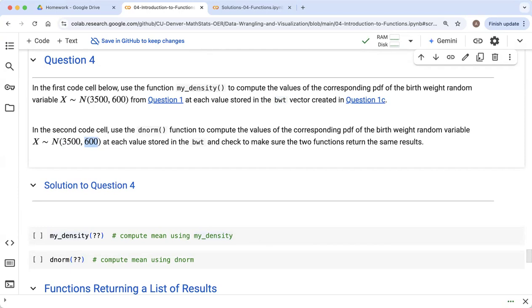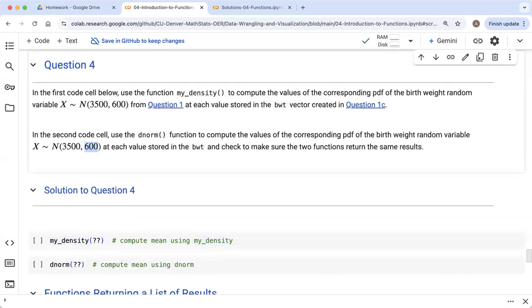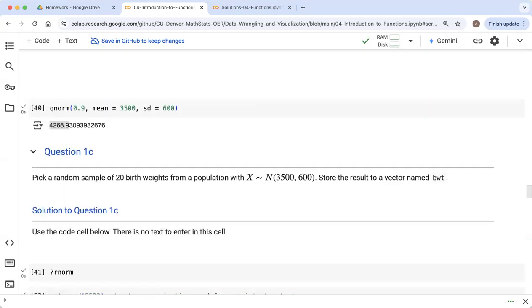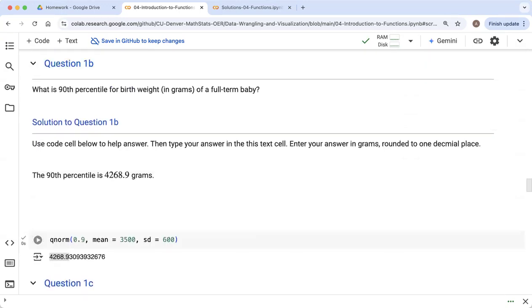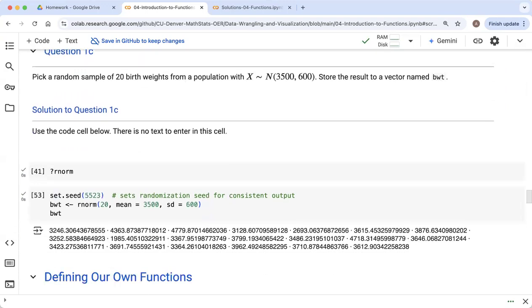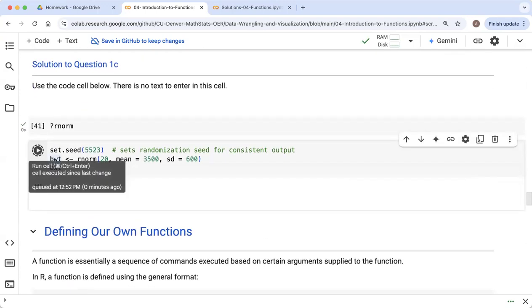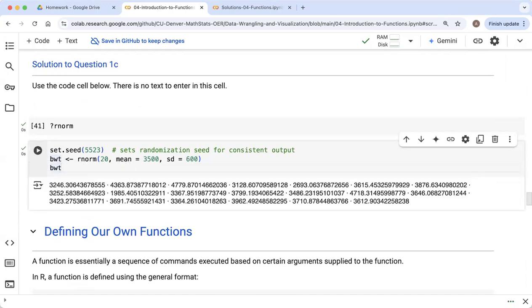So unless you've defined birth weight, if you define this birth weight vector, great, this will all work. If you haven't run the previous code cells, you're going to get a crash if you haven't stored anything in birth weight. So we did this in question 1C. You might just want to go back, if you just opened up this notebook, and run the solution in question 1C over here.